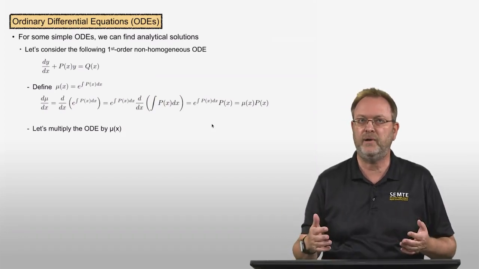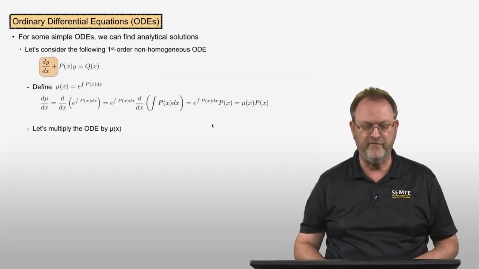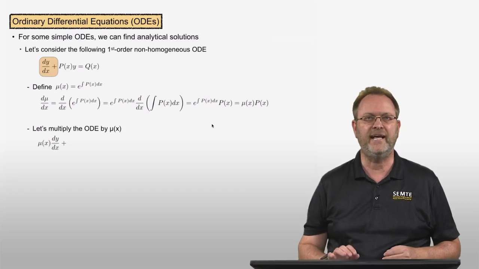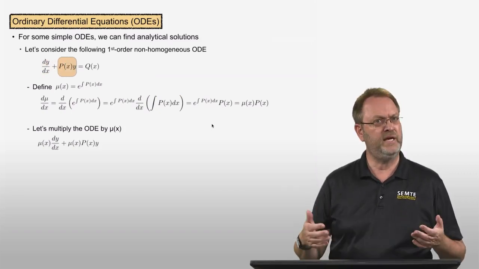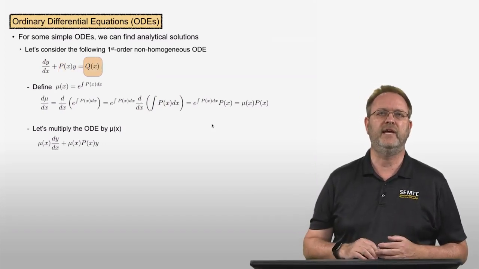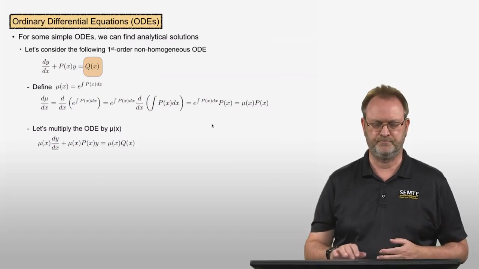Well, let's multiply the original ODE by this function mu of x. So on the left-hand side, we have mu of x times dy/dx, plus mu of x times p of x times y, is equal to, on the right-hand side, mu of x times q of x.